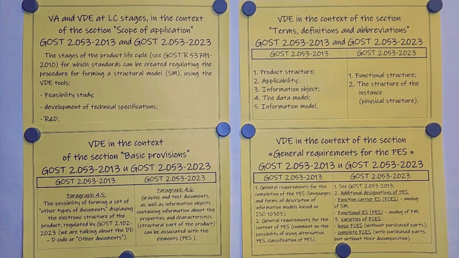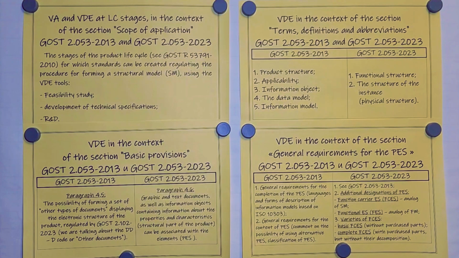I think listeners like me can easily draw the parallels between the description of the structural and functional model, as well as analytical reports, and the characteristics of documents listed in the main provisions section of the Unified System of Design Documentation, and in particular in paragraph 4.6 of GOST 2.053 from 2023.